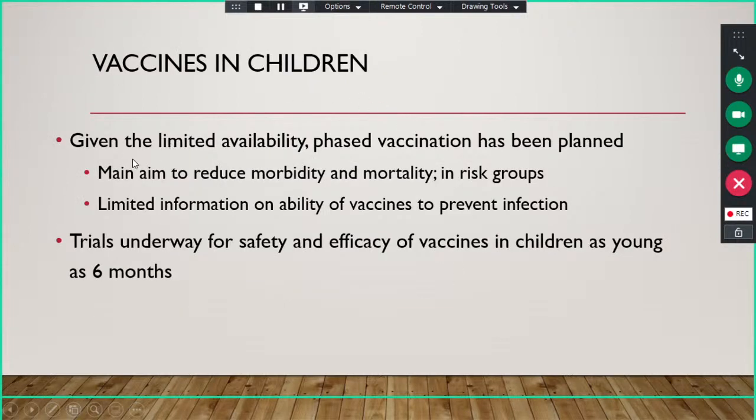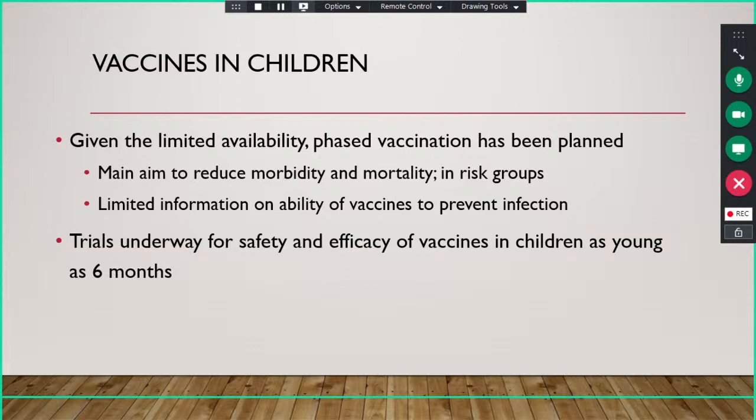In children, initially, as you are aware, vaccines were given to frontline workers, including doctors, nurses, ward boys, those who are working in hospital, those who are providing services in this pandemic, subsequently those who were above 60 years of age, or all those who were having a comorbidity.